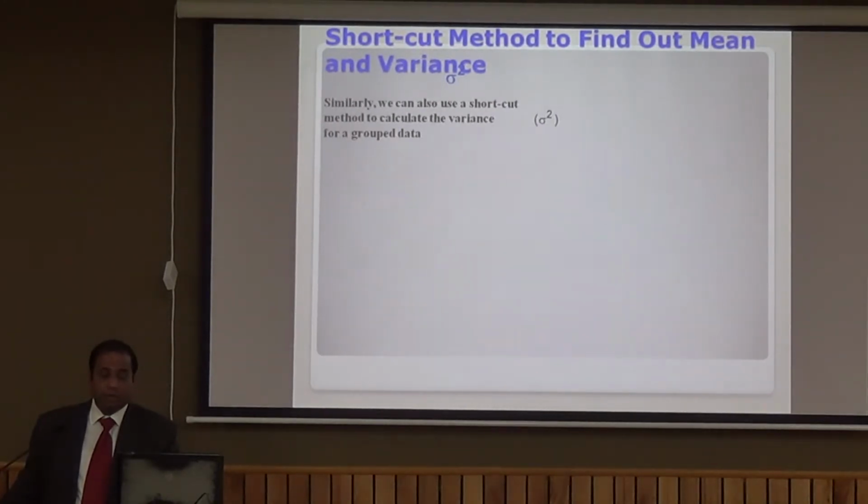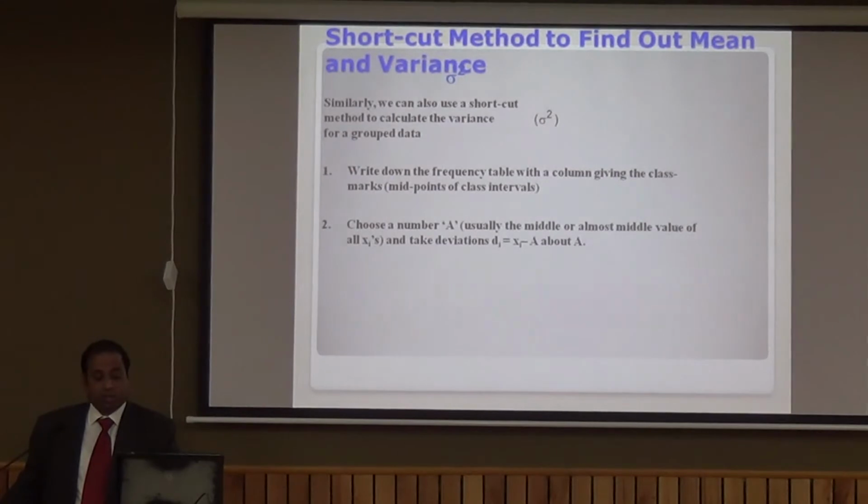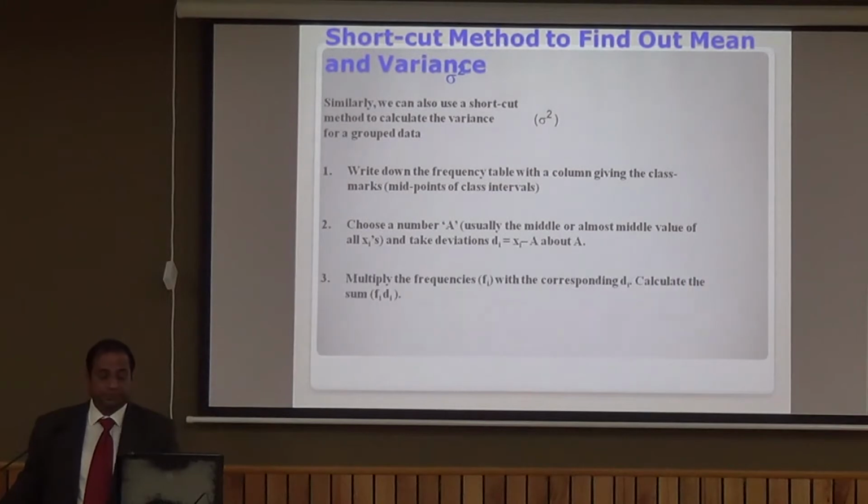Similarly, we can also use a shortcut method to calculate the variance of the grouped data, that is sigma square. To do this, write down the frequency table with a column giving the class marks, that is the midpoints of the class intervals. Choose a number A, usually almost the middle value, and take the deviations di, that is xi minus A, about the assumed mean.